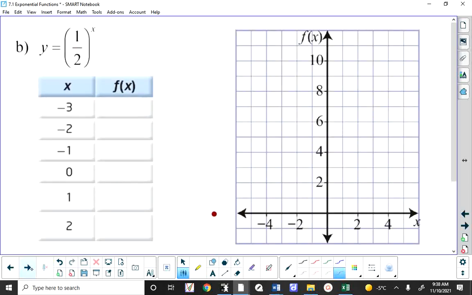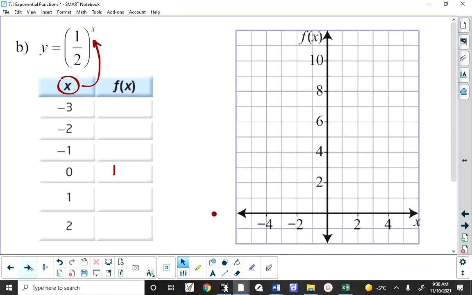All right. What about if we have 1/2 to the x? So this is 1b. Well, let's start with x equals 0. And what I'm doing is I'm putting the x coordinate into the function. So I'm not going to write out all my substitutions, but let's start with x equals 0. When I take 1/2 or 0.5 raised to the 0, I get 1.